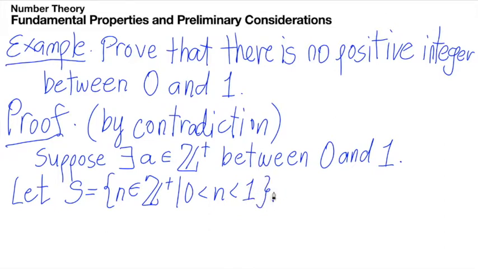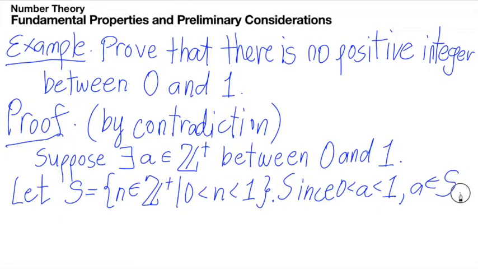Okay, now let's go back to our first statement. Since we said that a is also between 1 and 0, we can say that a is inside the set S. From this statement we can say that this set S is non-empty, so it is not equal to an empty set.